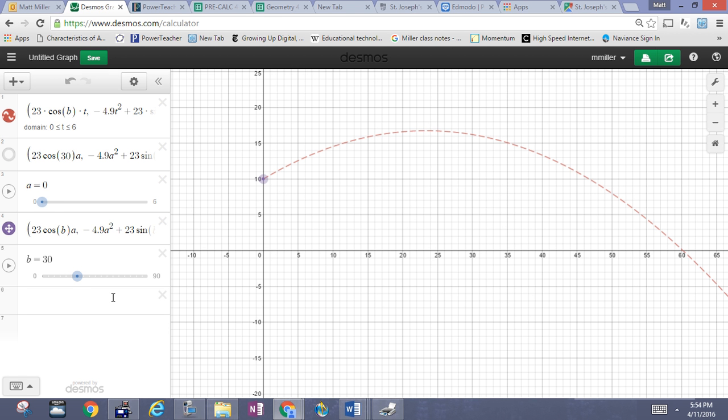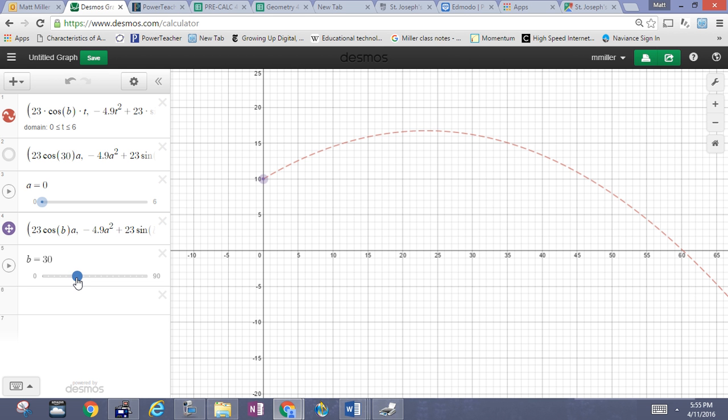What we're going to do is see, if we were to launch this thing at varying angles, which is our parameter down here, what is the net impact? So if we were going to launch it at a smaller angle. We were at 30, and we see here our maximum range is about 60 meters.